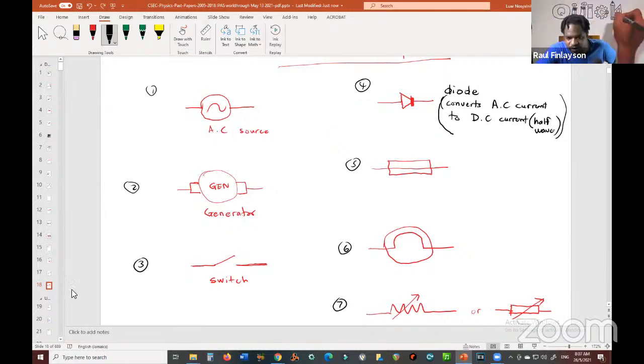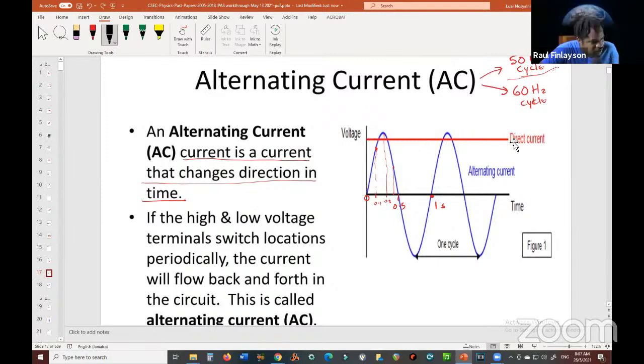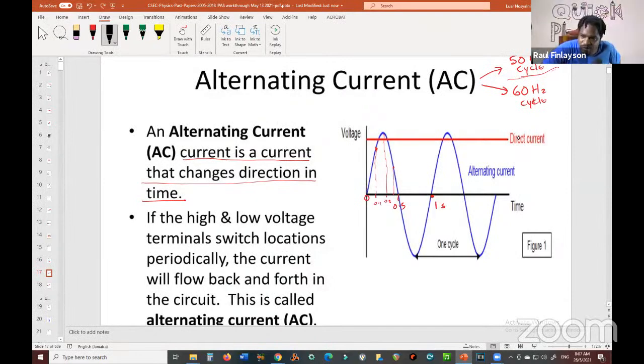Remember that graph I showed you, the direct current will give you a straight voltage because nothing is changing. Everything is constant for direct current until the battery dies, because DC current is produced by batteries. Or you could use an AC current with a diode, yes, but then we're going to need other components to make it look like this.